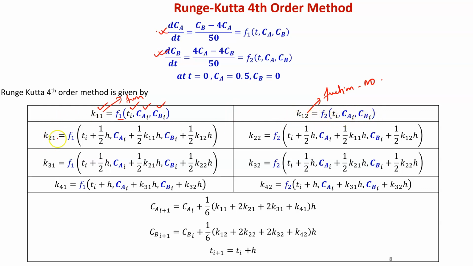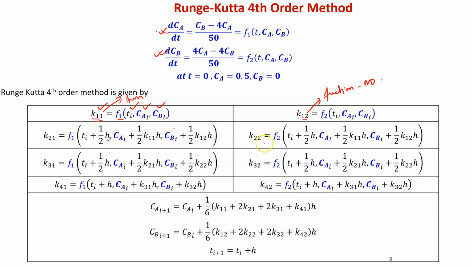Now K21 is a function of Ti plus half of h, Cai plus half of K11 h, and Cvi plus half of K12 h, because for this equation K11 is used for Ca and K12 is used for Cv.